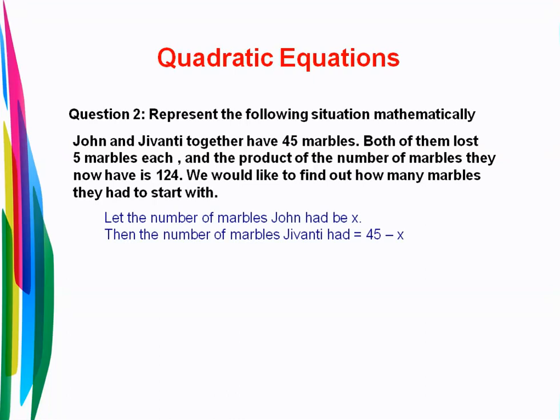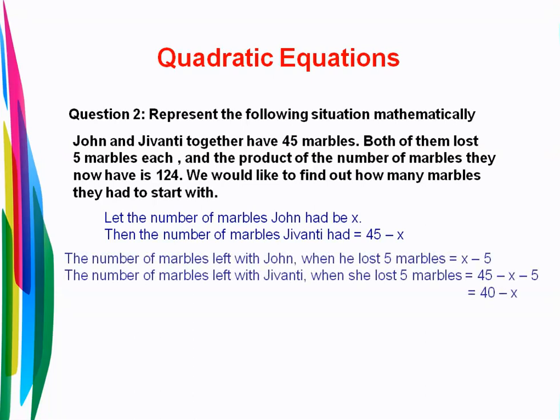If John has x marbles, then Jivanti will have 45 minus x marbles, because in total they have 45 marbles. Now each one of them has lost 5 marbles. So John will have x minus 5 marbles and Jivanti will have 45 minus x minus 5 marbles. On simplifying we get 40 minus x.